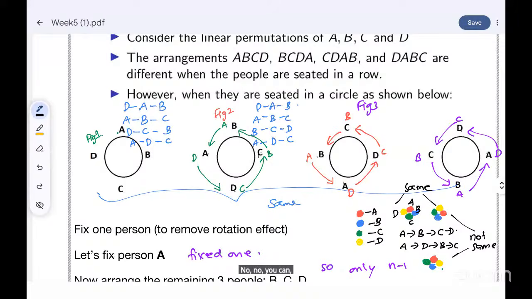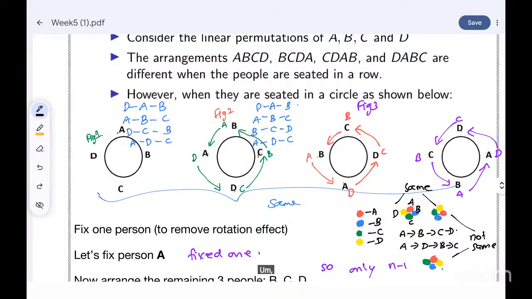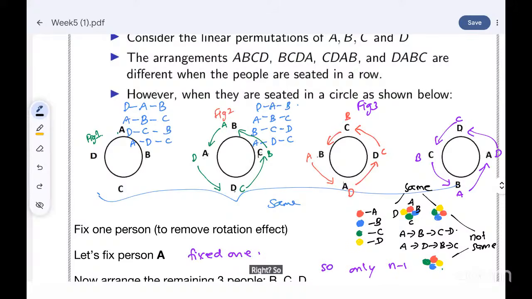Ma'am, instead of people, you can think of keeping some objects or some animals. So instead of A, B, C, D, you can think of some other objects or animals. Maybe here, as I considered, these t-shirts or beads. So you can give us another example, right? Instead of 4, maybe you can consider 3, 5, 9, or any number.